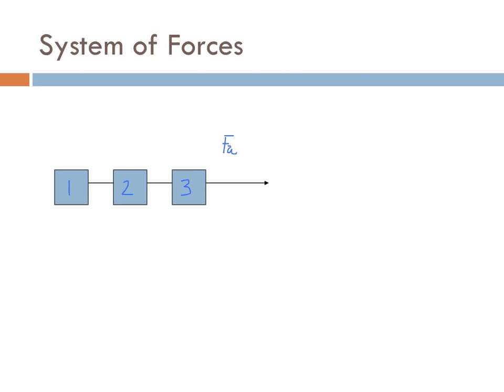That's an A. Okay, so if I start applying a force, and I want to know what my acceleration is, I can say that this is a system. So when I go to write the sum of the forces in the x direction, well, I only have one force being applied to this system.